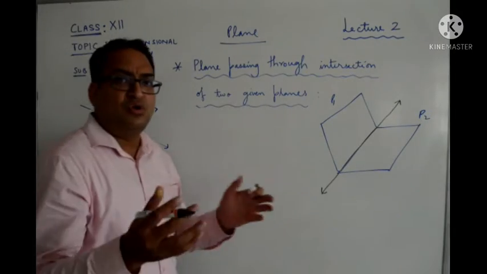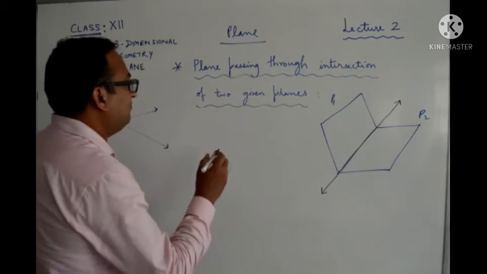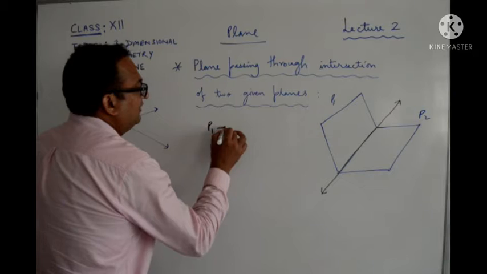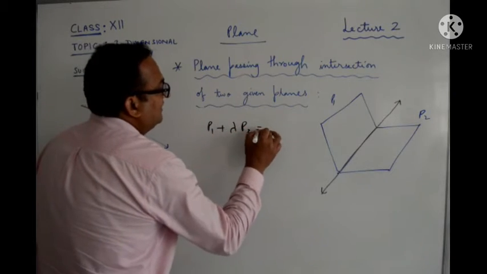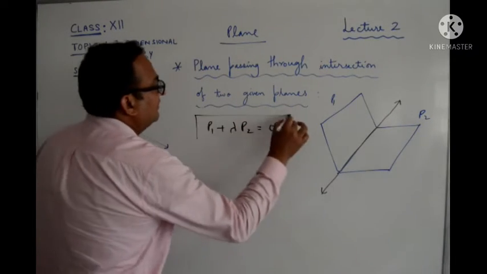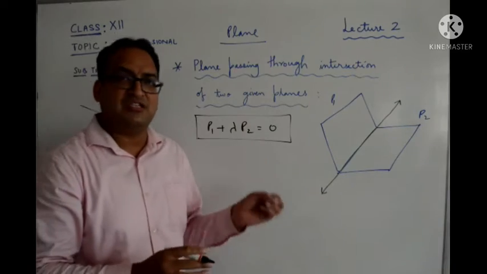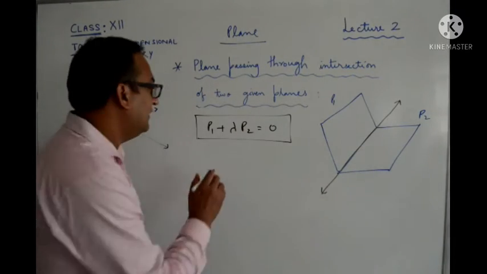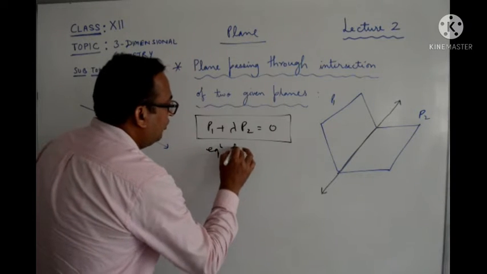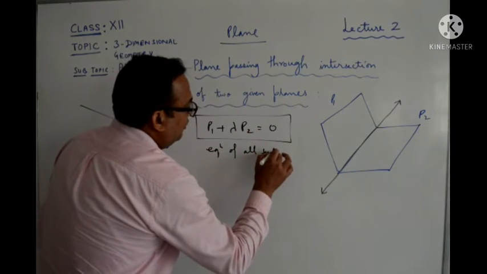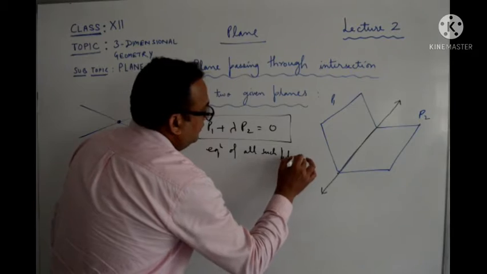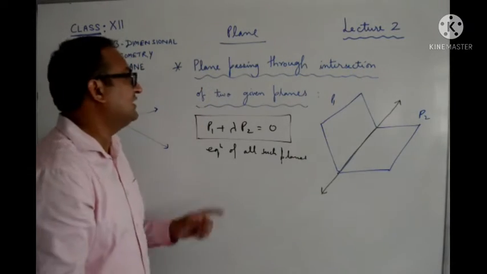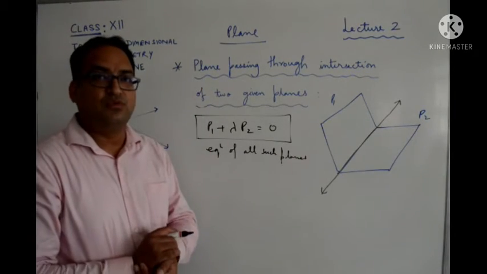We are not going into detail. We will simply take the result that P1 plus lambda P2, you have to remember this, P1 the first plane plus lambda times P2 equal to 0 will be the equation of all such planes which pass through the intersection of P1 and P2.